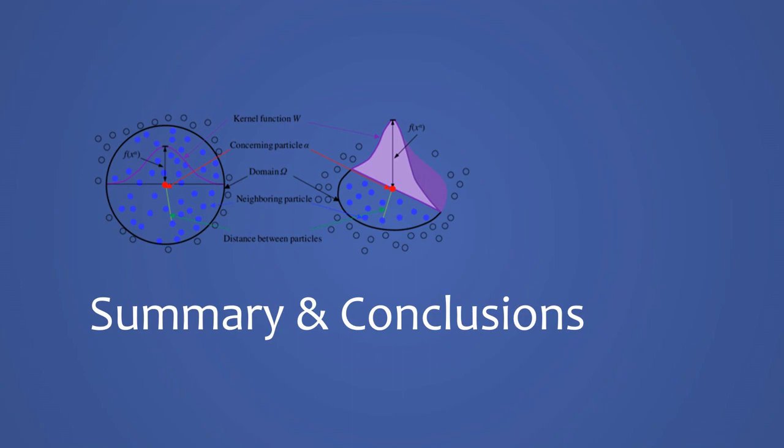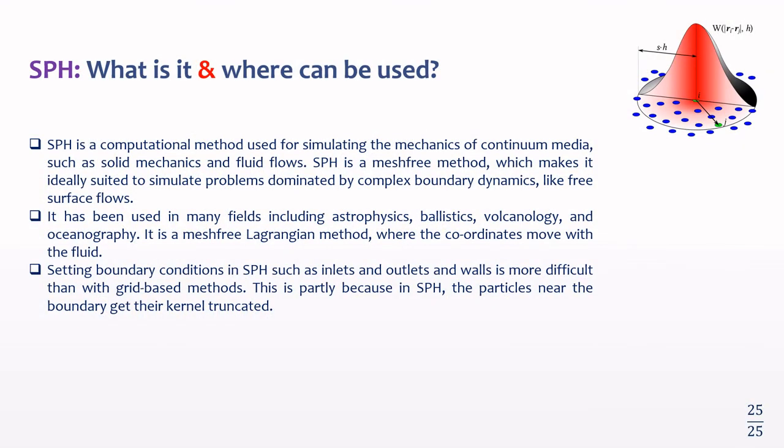So in summary and conclusion, SPH is a computational method used for simulating the mechanics of continuum media, such as solid mechanics and fluid flows. SPH is a mesh-free method, which makes it ideally suited to simulate problems dominated by complex boundary dynamics like free surface flows.